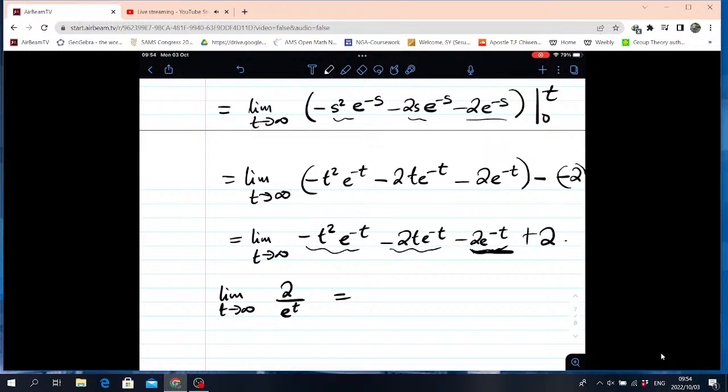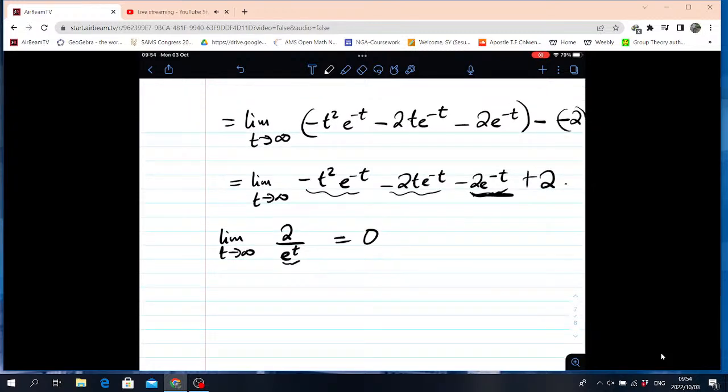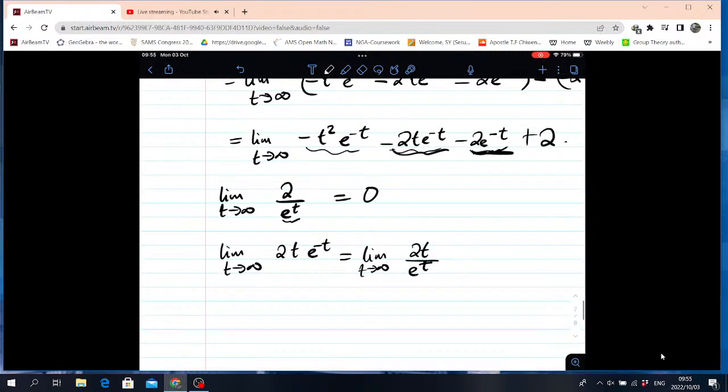So if t is going to infinity, this becomes bigger and bigger, so we are going to 0, right? And then let's look at the next one, which is that one. So this would be 2t e to the minus t, which is the limit as t tends to infinity of 2t over e to the t, right?